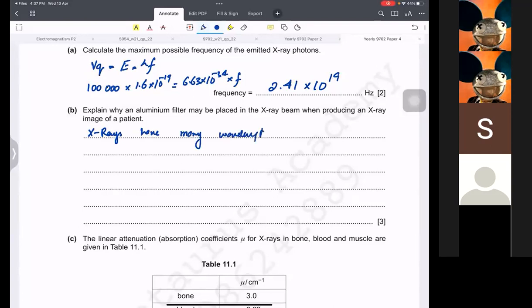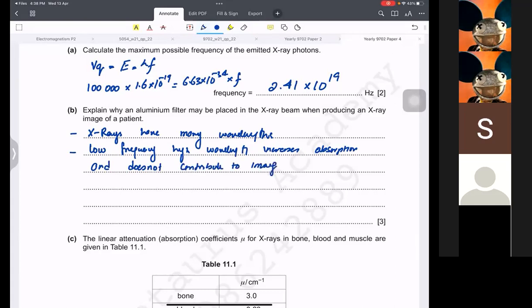First, low frequency or high wavelength X-rays increase absorption and do not contribute to the image, because image contribution will be when some of it really just goes through.